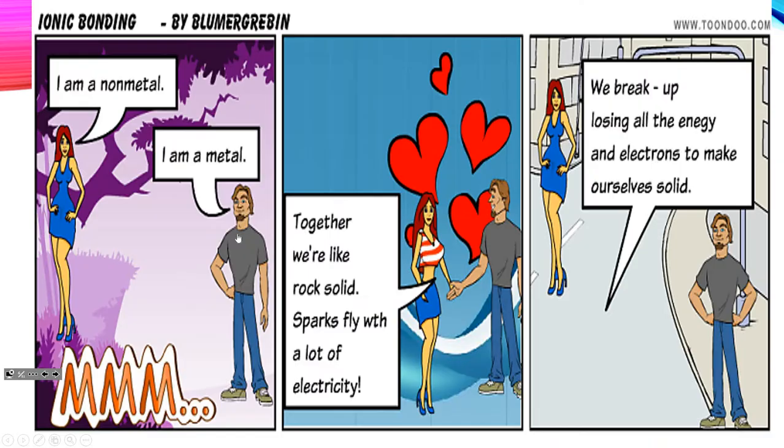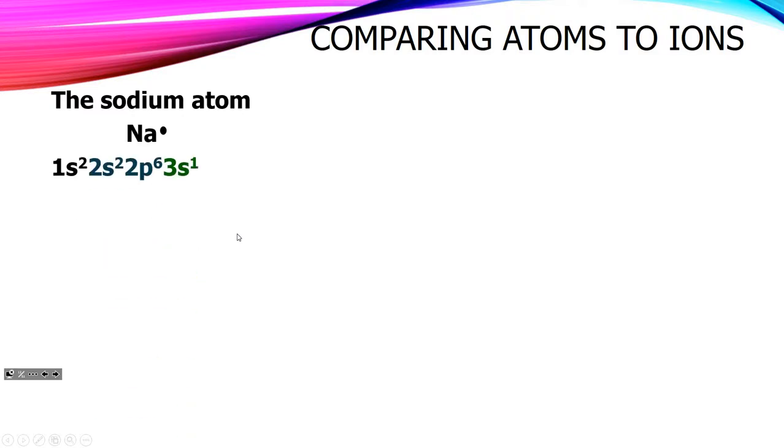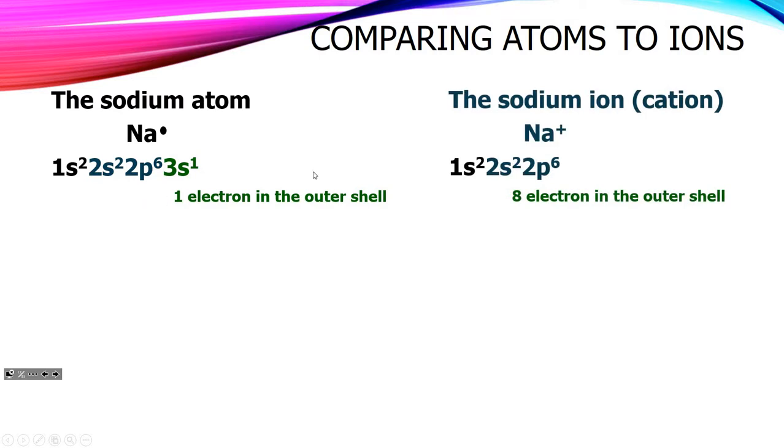So if I compare atoms, here's my sodium atom. If I then draw the electron configuration for that, I've put each color as a different shell out from the nucleus. This green shell is the outermost shell, and there's only one there. If I take that one away in the outer shell, then I can move to what's known as a sodium ion.